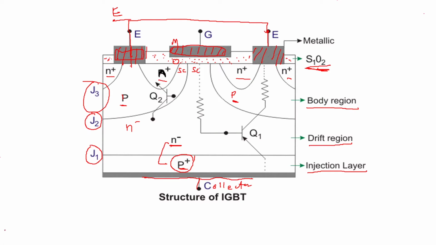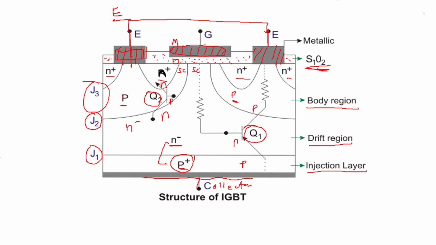This is nothing but NPN, and this is nothing but PNP. So two transistors you can form, and you have an insulated gate.